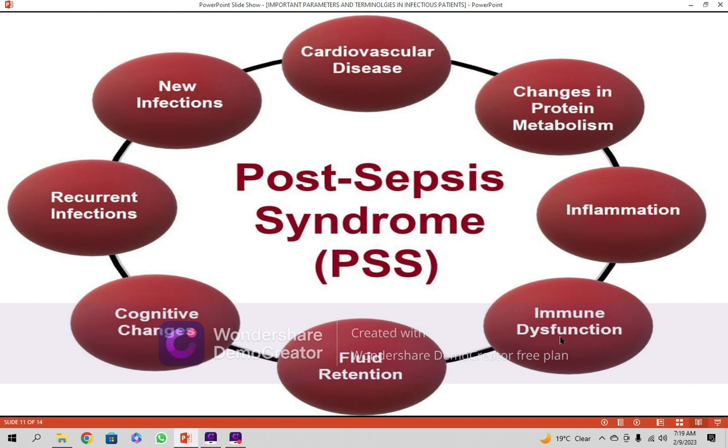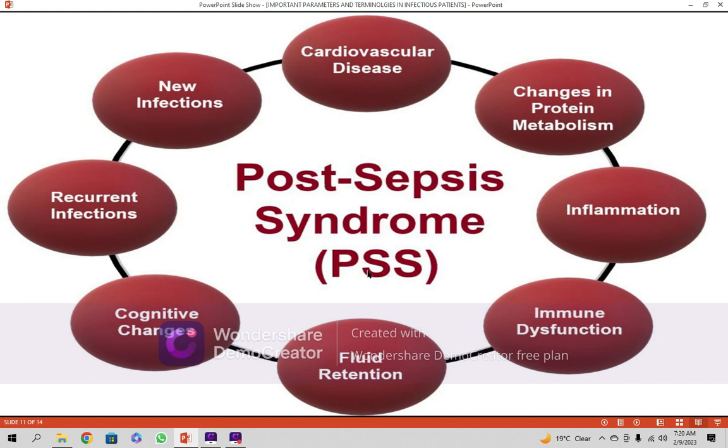Abnormal function, this is. Abnormal, I will say, immune system. And this will cause fluid retention in the body because the hormonal effects are disturbed, and cognitive changes in the brain. Recurrent infection, new infection, again this is the cycle which is going on.